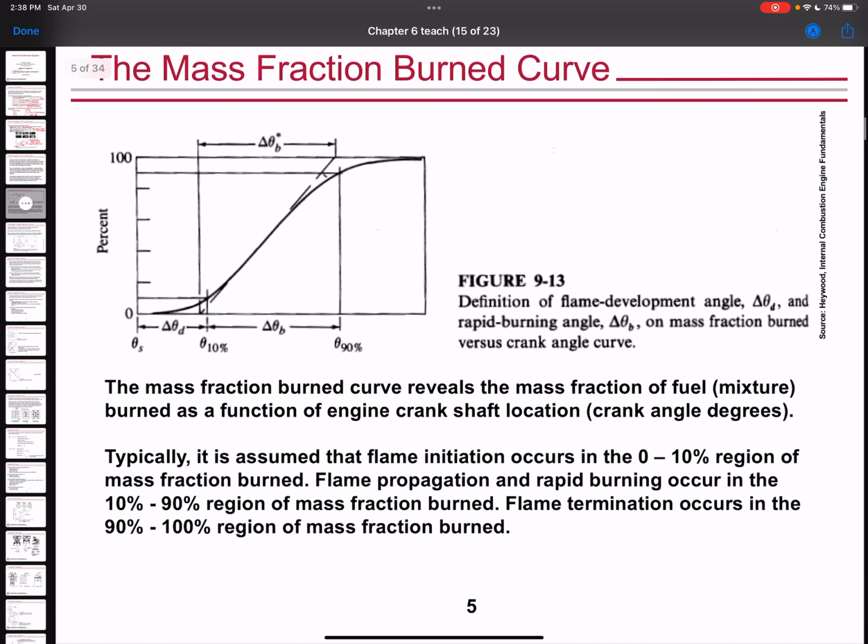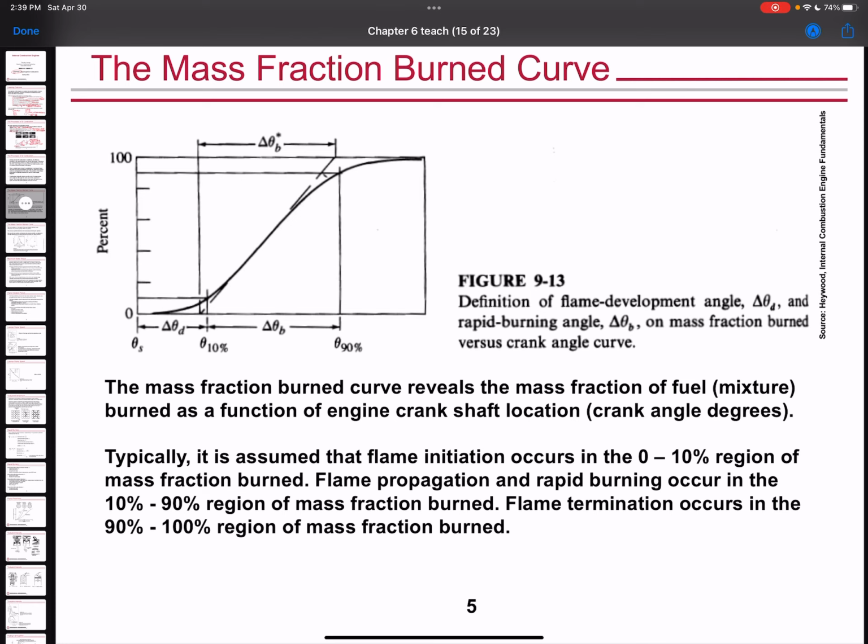But before we do that, I first want to describe to you what the implication of the mass fraction burn curve and the pressure curve will have on what is our ultimate objective, which is to generate torque, right? You know, ultimately an engine has to generate torque. Yes, it has to do so efficiently, so we certainly care about efficiency. It has to do so with lean emissions, low emissions, right?